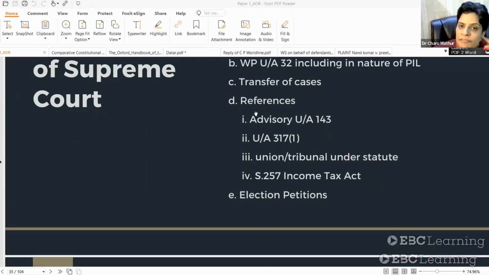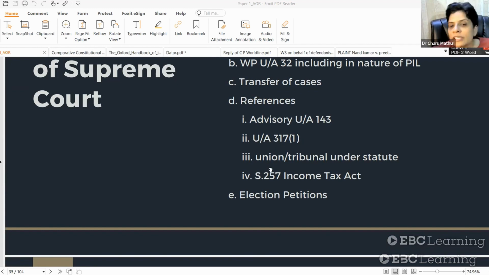So this is all about your transfer jurisdiction. Okay, then we come to the references to the Supreme Court jurisdiction. Now you have a power under Article 317 of the Constitution, where if you have to transfer cases against UPSC members, then a reference can be made for their removal if there is any misconduct against them.